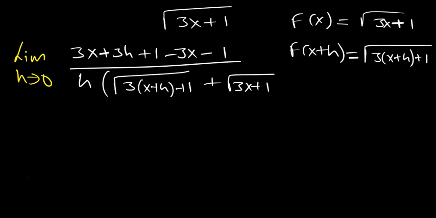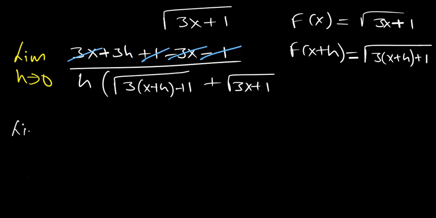If we subtract what we have on top, 3x minus 3x, 1 minus 1, on the top you're only going to remain with 3h, so that the h can divide with the h on the bottom.